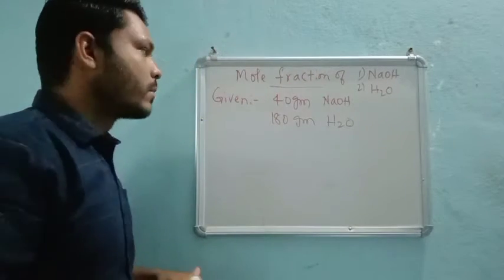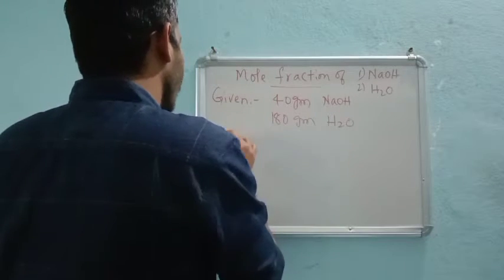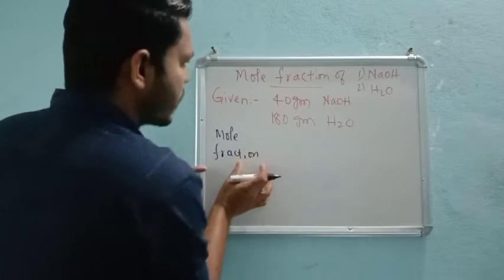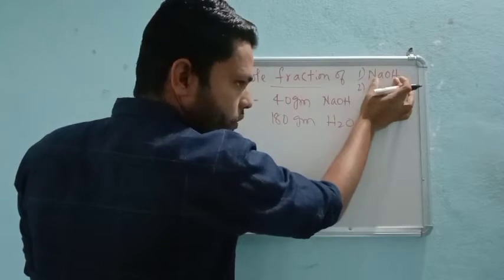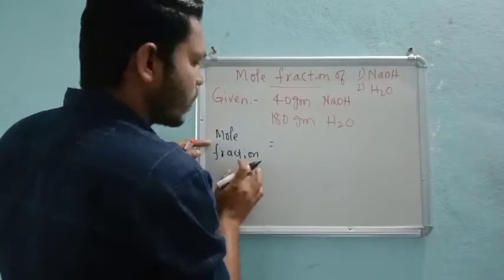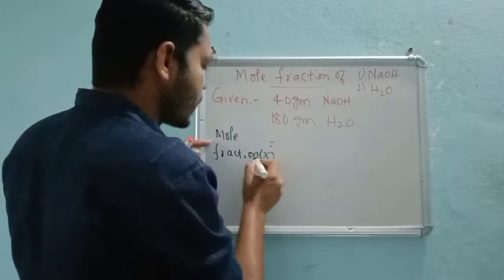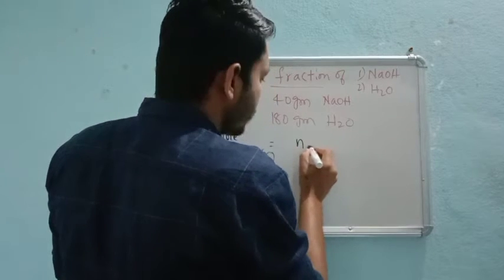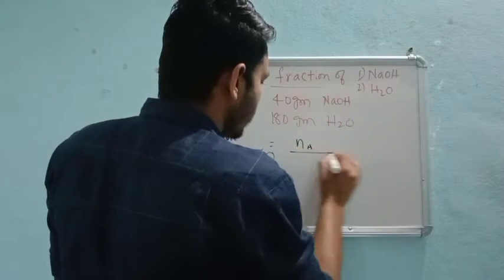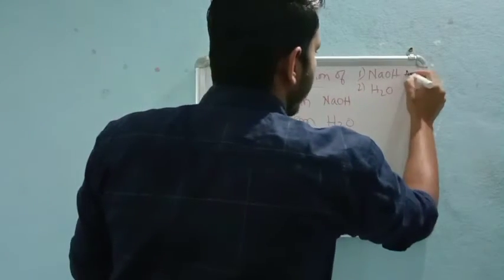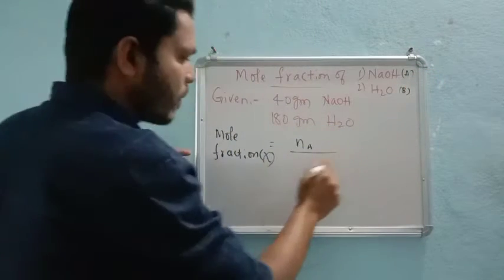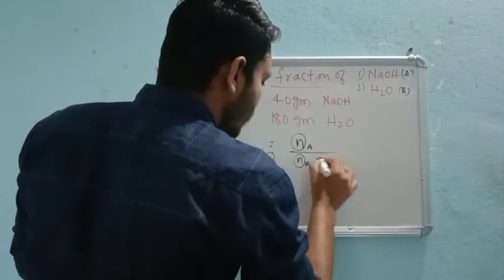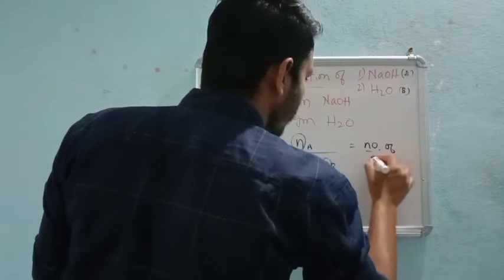For mole fraction the formula is like this: if you are calculating the mole fraction of any given compound, the mole fraction, represented by the letter X, is equal to the number of moles of A divided by the total number of moles, Na plus Nb, if I say this is A and this is B. Here N is nothing but the number of moles.